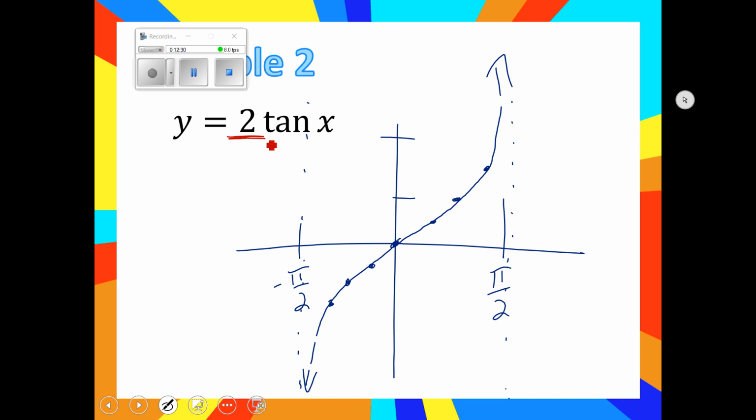Does everybody understand so far? What happens when you times a function by 2? It stretches it. So check it out. Here's your function. If I times it by something greater than 1, it's going to pull it vertically. It's going to make it skinny. Do you understand? So if I times it by something less than 1, give me something that's less than 1.